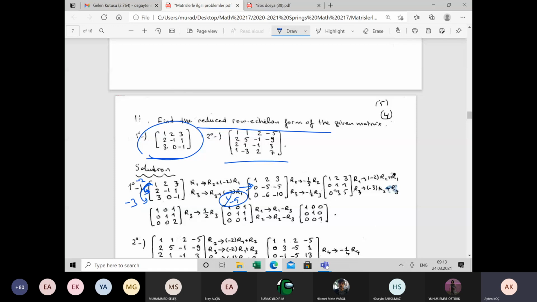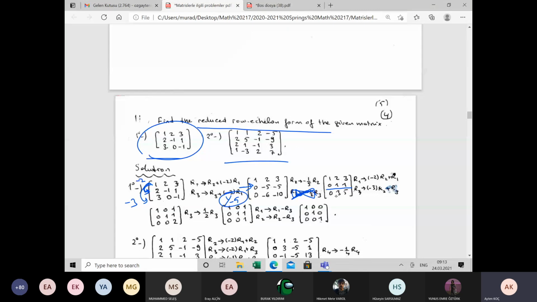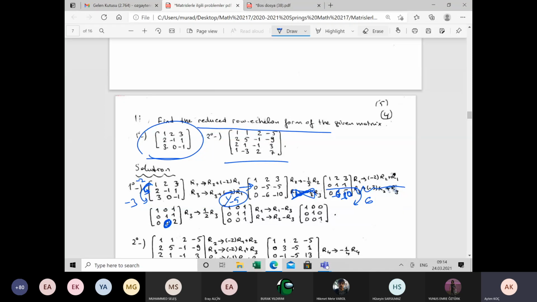Then, to get 0 in this position, take this row, multiply by 6, and add to the last row.